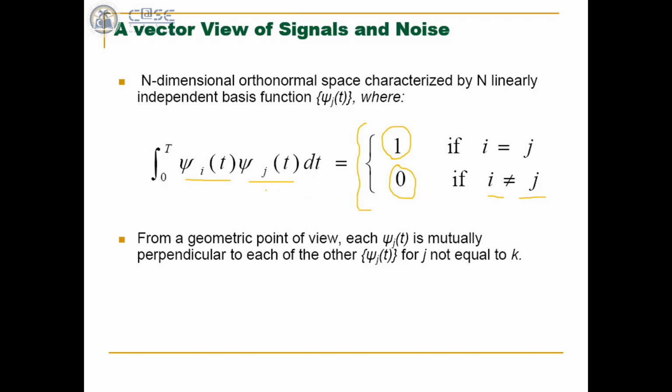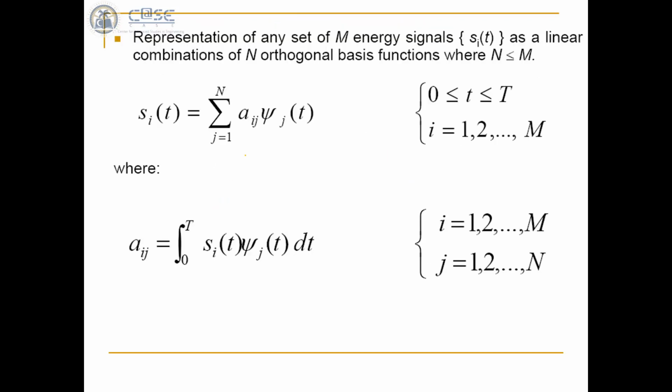So we need to come up with a set of basis functions for the representation of our signal set that we are going to use for the transmitter and receiver. That is, we would like to represent our signal in terms of these basis functions.